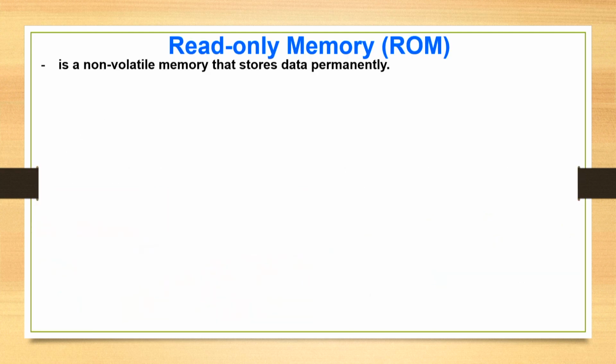Next, we will discuss the primary memories in detail. The first one is the read-only memory, that we call ROM. It is non-volatile memory, and non-volatile means it stores the data permanently.